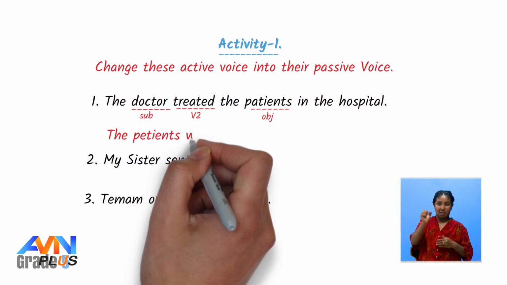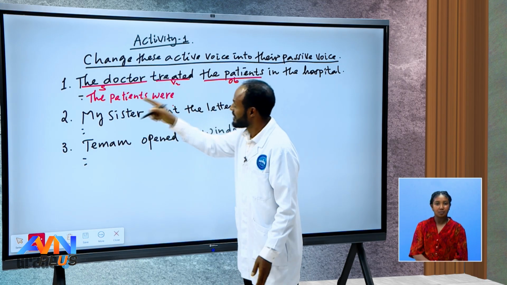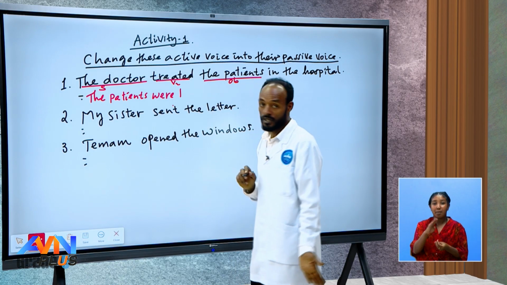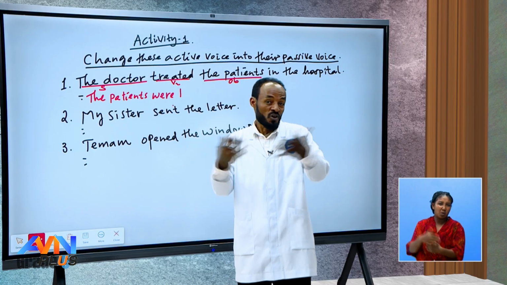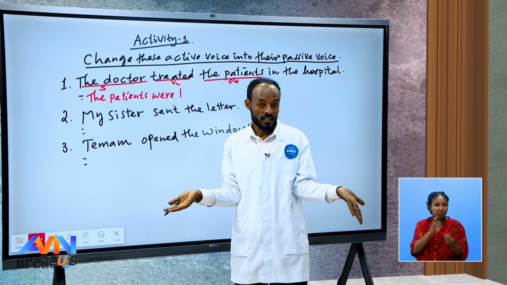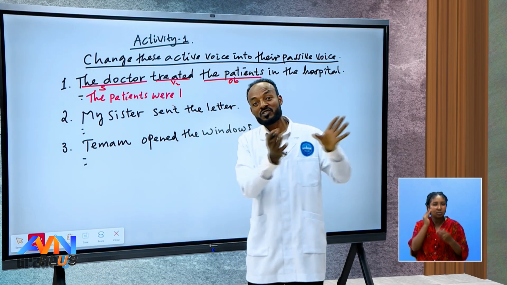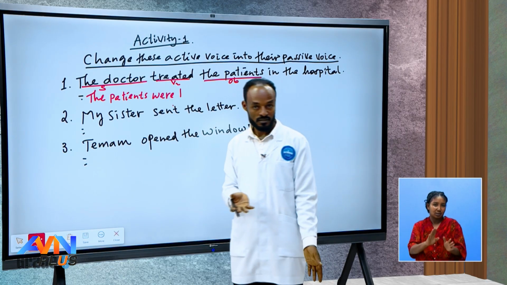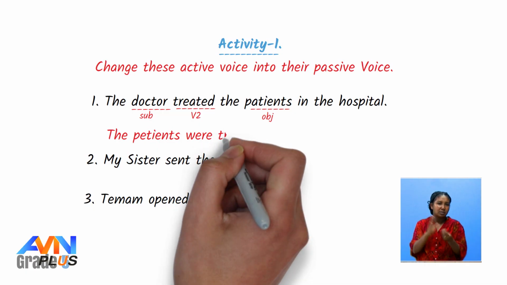So we have to use were. The patients were treated by the doctor. Is it important? Not this much important because that is obvious. Most of the time, the patients were treated in the hospital. By whom? By doctors or the nurses. So we can leave it. The patients were treated.